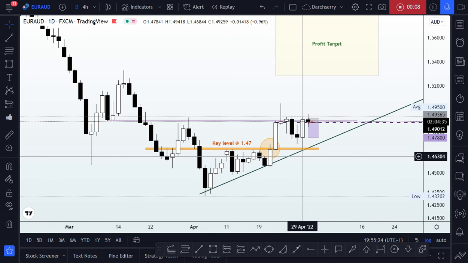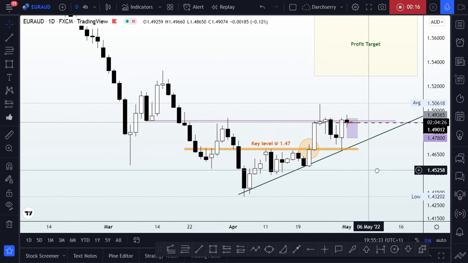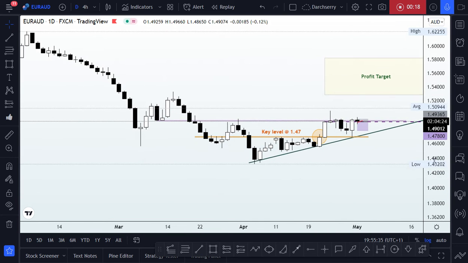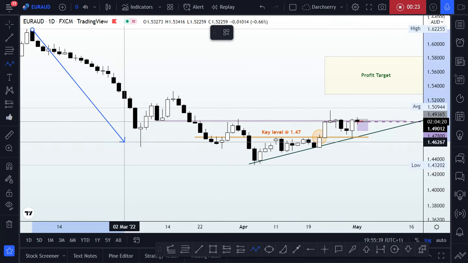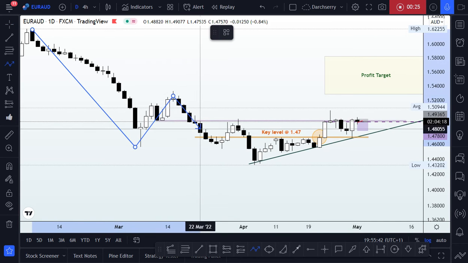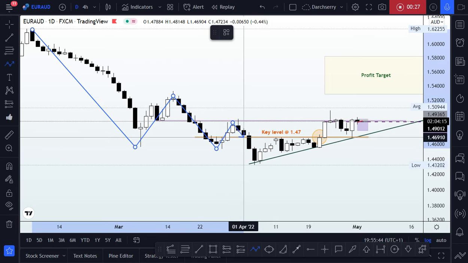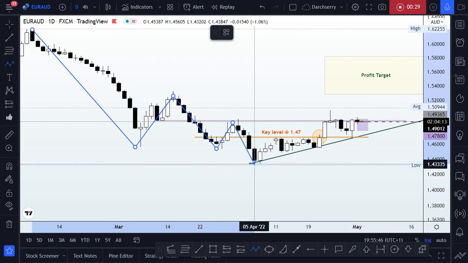If you remember vividly, we had a buy opportunity on Euro AUD during the course of last week's trading session where we were looking at a bullish momentum. And this was as a result of the fact that since the impulse leg, price action has been finding it very difficult to break below the 1.44 area.